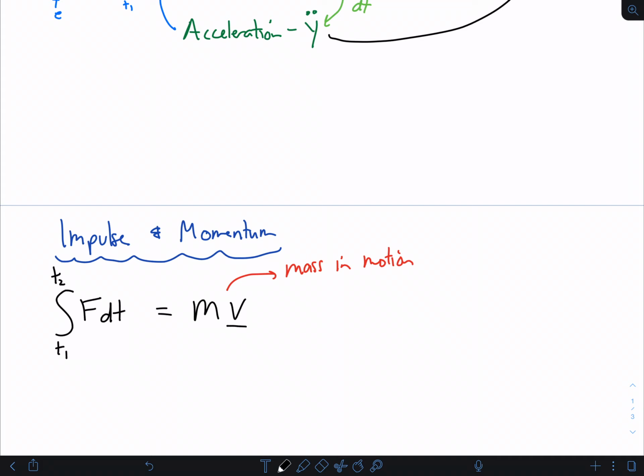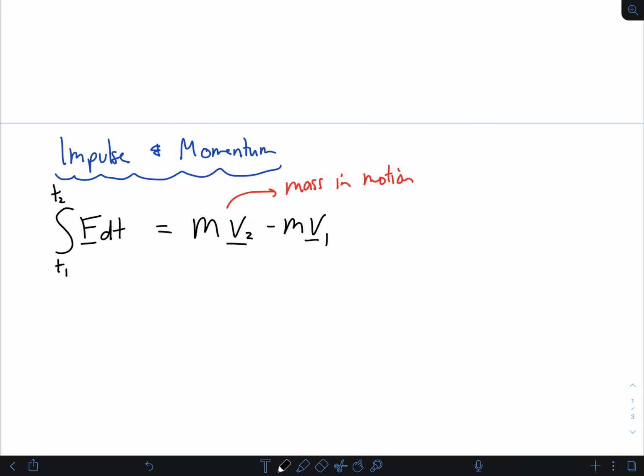And then we can change this side of the equation to mv2 minus mv1, right? So if we have an object or a system, and we want to change its velocity to some velocity 2 from some velocity 1, we need to apply this impulse to the object.